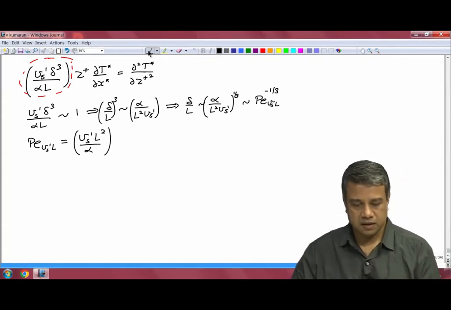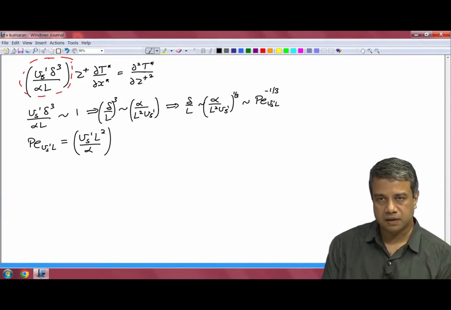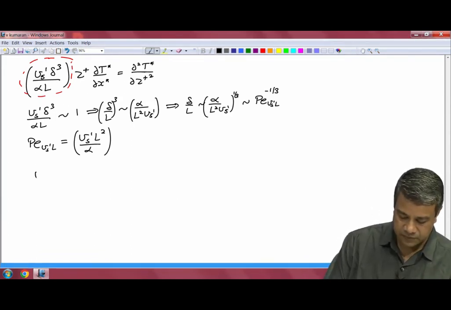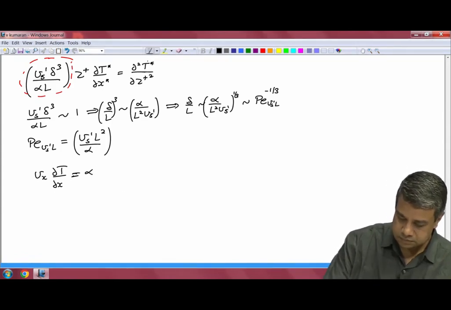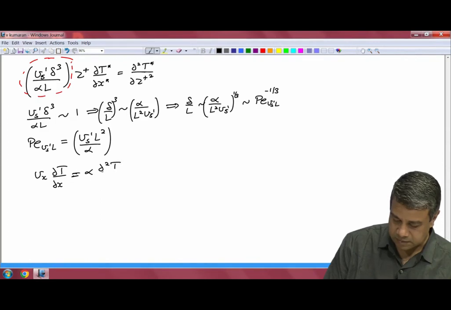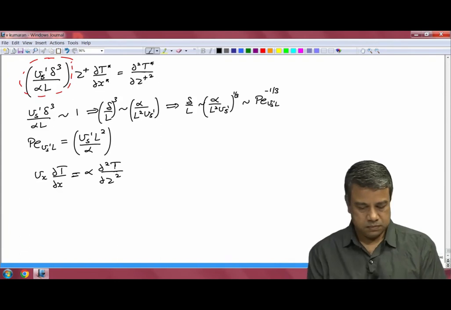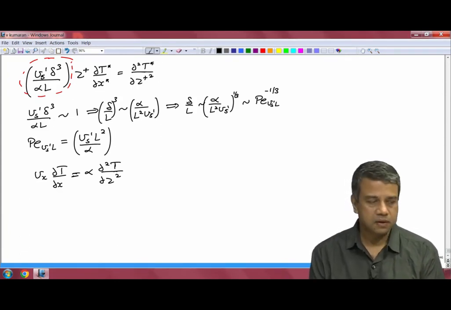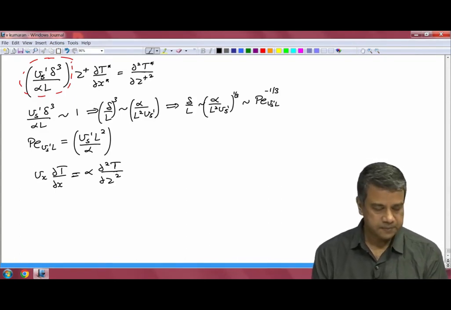So, in this case the equation for the temperature field will just reduce to V x partial T by partial x is equal to alpha times partial square T by partial z square. Now, how do I solve this problem in order to determine the temperature field as a function of x and z?